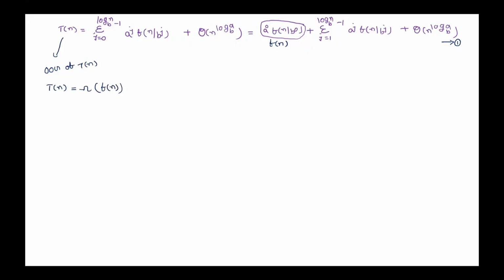Is that correct? T of n's order of growth is greater than or equal to the order of growth of f of n. We are adding some other terms to f of n, so definitely its order of growth will be greater than or equal to f of n. This is one point. So what's the other point?